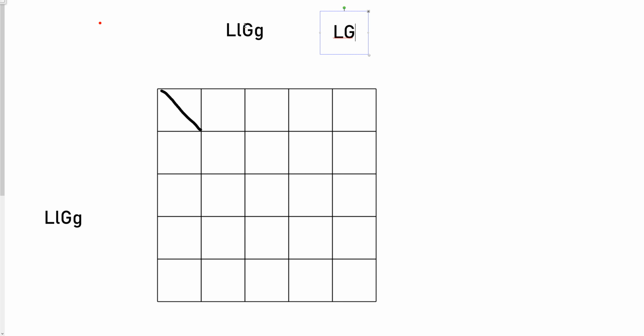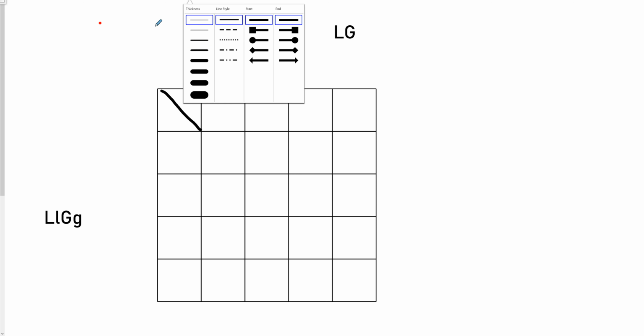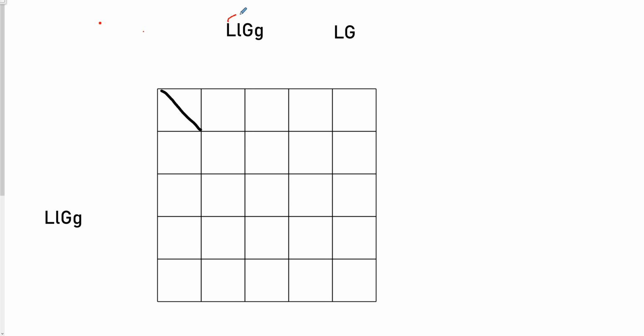Remember, we're doing FOIL. So in essence, we are going to be figuring out all four possibilities, all four ways of having an L and a G together.